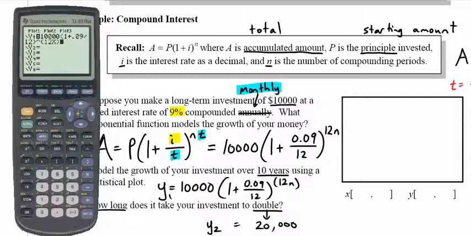Because this is exponential, it's going to get really large. We're talking about lots of money here. So my window, I want to go from 0 years to 10 years. And my y is going to go from $0 to probably $20,000 at least. Let's see what that looks like. Yeah, I need to go a little bit higher maybe to see it all. Maybe I'll go up to 30,000.